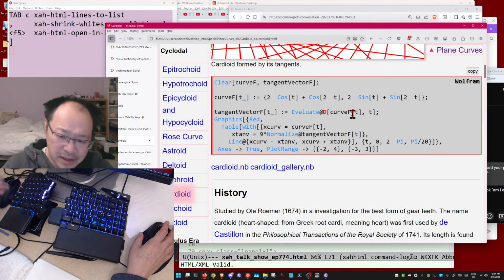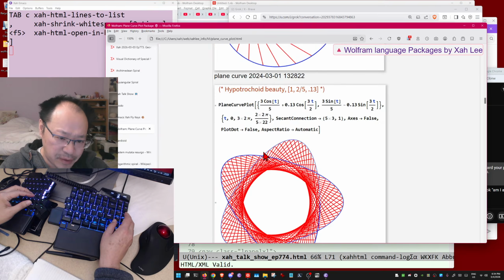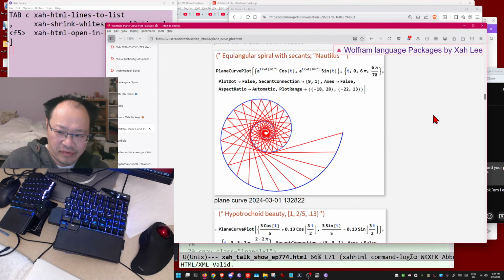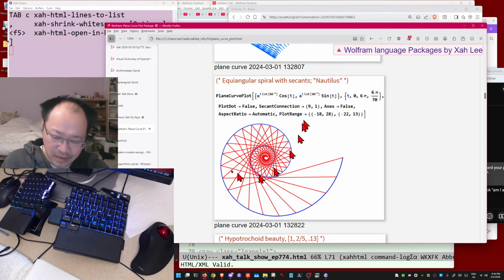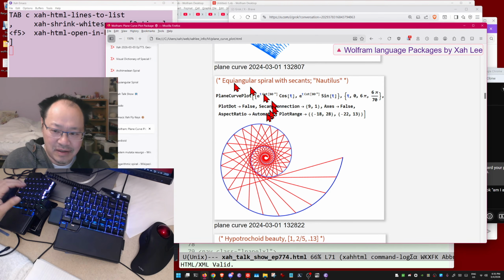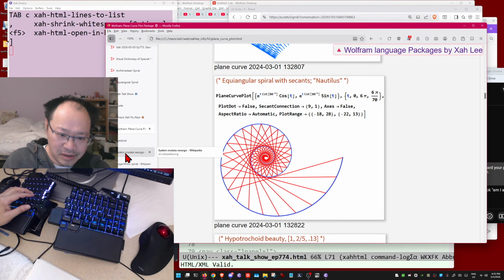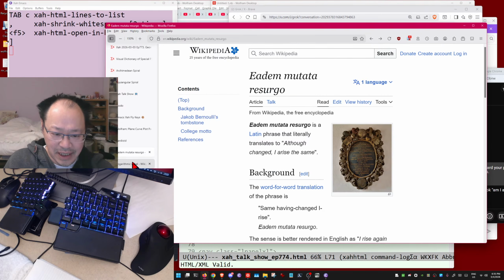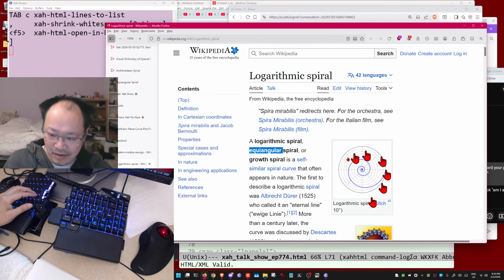But why are we talking about the spiral? That's because, from this illustration, we happened to use secants to draw pretty pictures of this equal angular spiral. So that's why we started to mention Jacob Bernoulli and the logarithmic spiral.